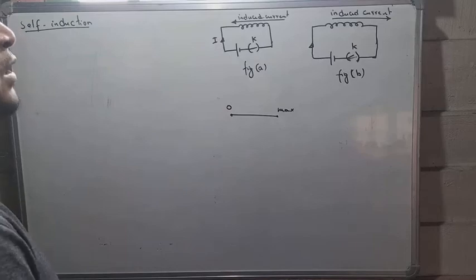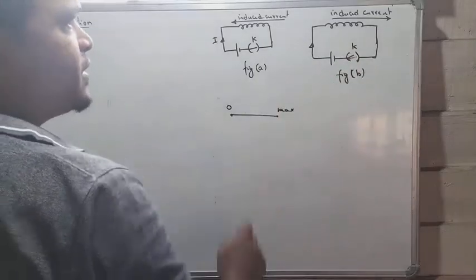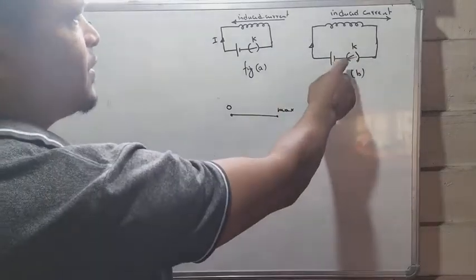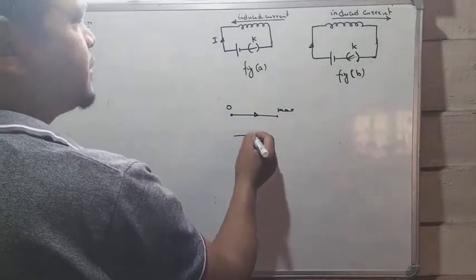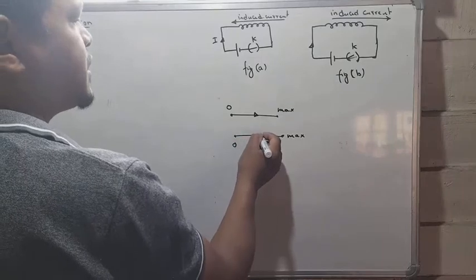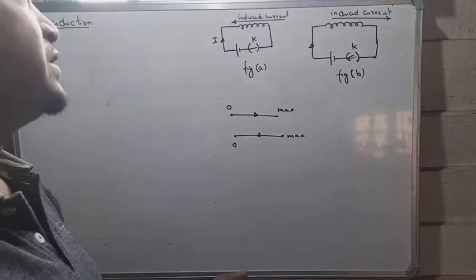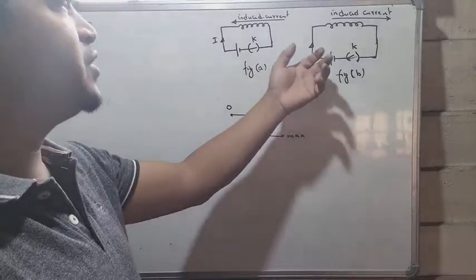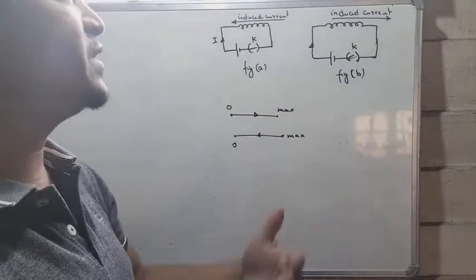Similarly in figure B, if you open this tapping key, what will happen? The current starts decreasing from maximum to 0. During that decreasing time, again there is a change of magnetic flux. That means the magnetic flux in this case is decreasing.